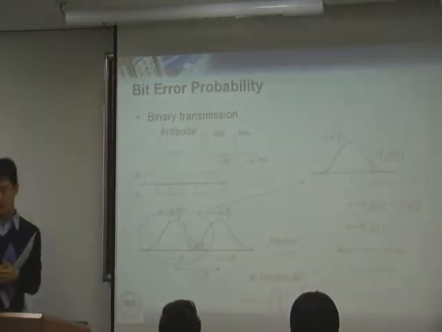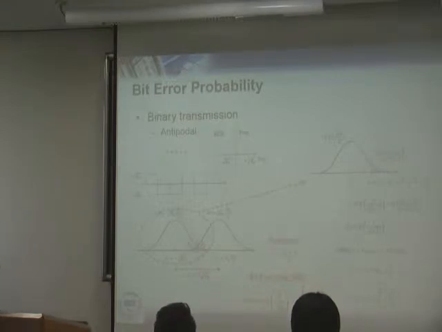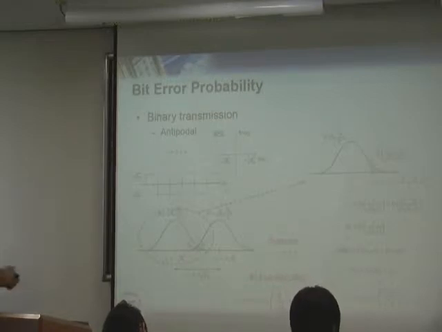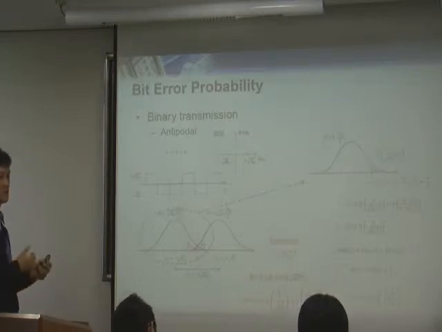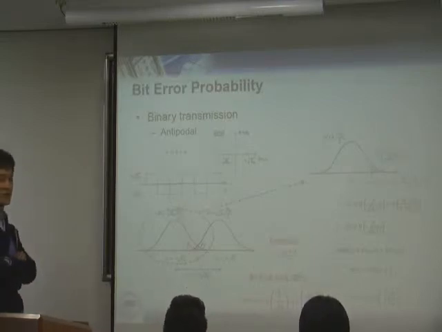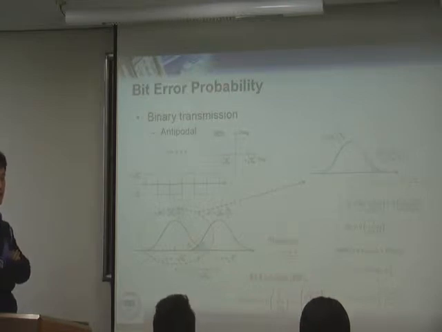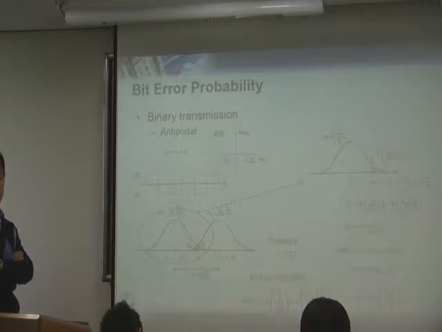Today we are talking about some performance analysis. Performance in this case is defined by bit error rate or symbol error rate. We are talking about error rate. When we talk about wireless systems or any other communication system, we always talk about error rate. Simply speaking, our goal is to minimize the error.